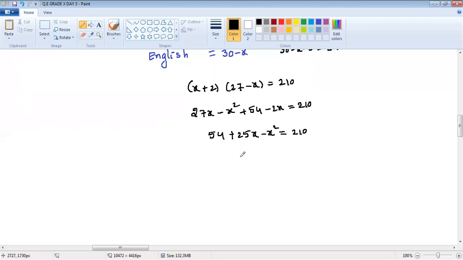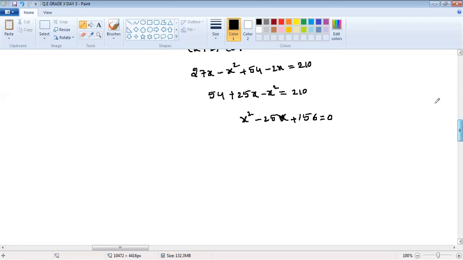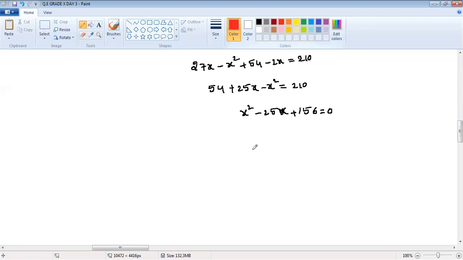Then carry over: x square minus 25x, then 210 minus 54, which is 156, right? Am I right, ma? Yes, sir. So when you simplify, what do you get? X value 12 or 13. Okay, 12 or 13.